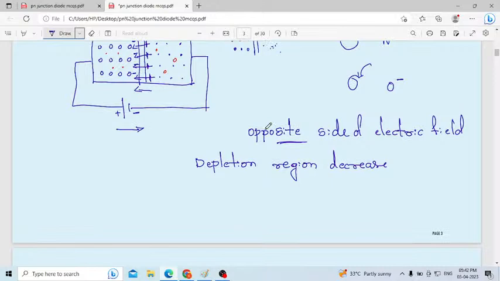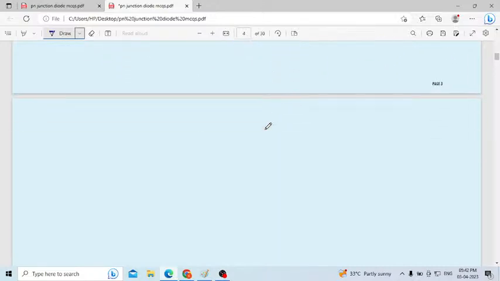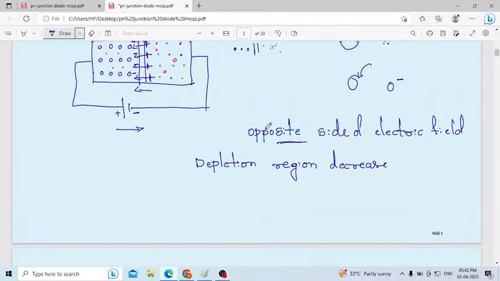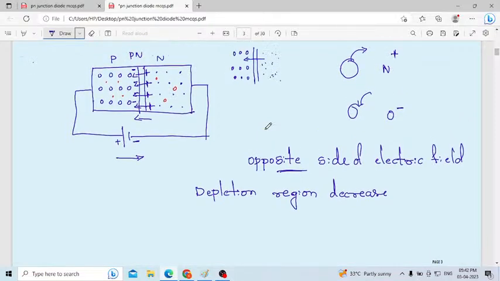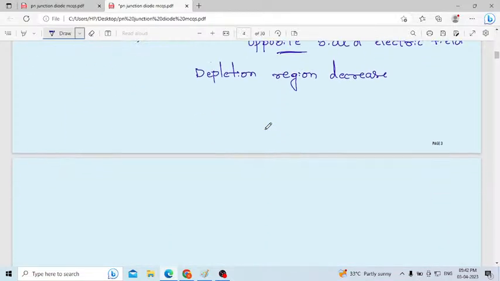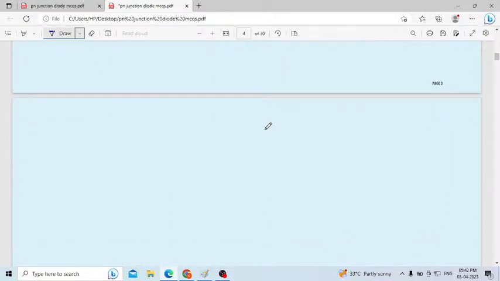Then let us discuss the graph, because this is also very easy. Whatever questions I am discussing today, all the questions are based on the PN junction diode forward and reverse bias also. Okay, that's why I'm explaining once again. Then it will become easy for you when you are answering the question.